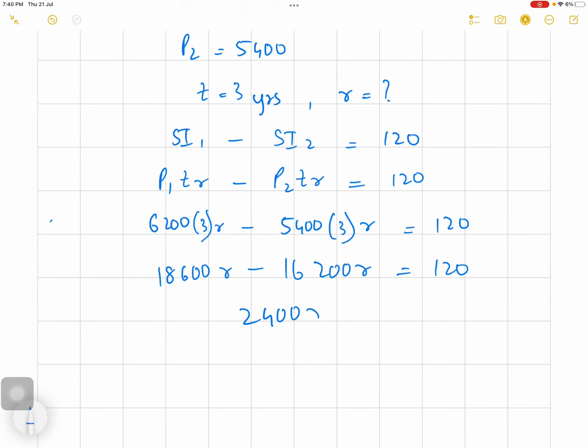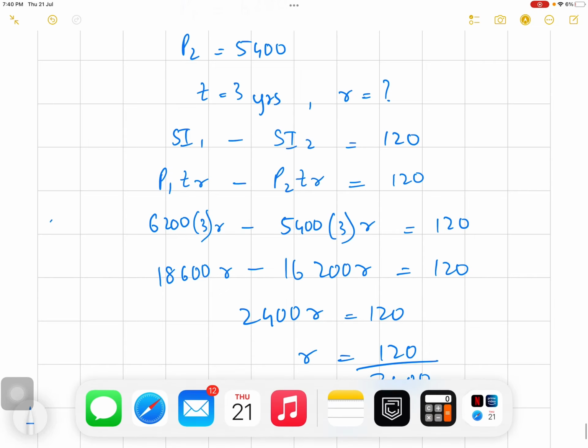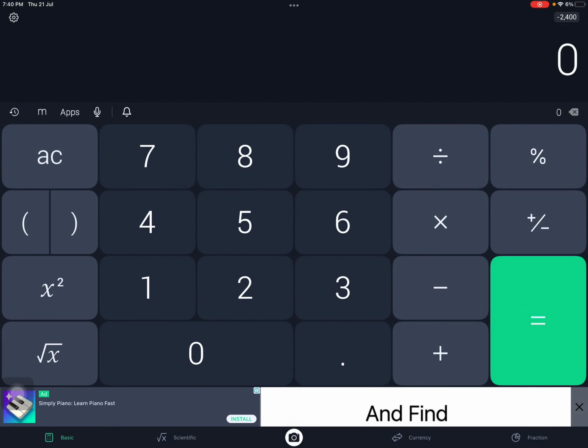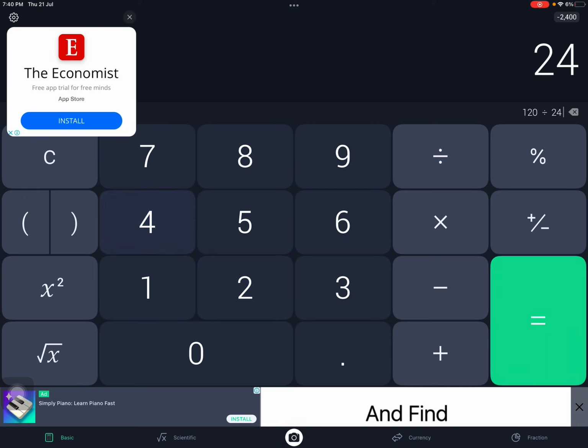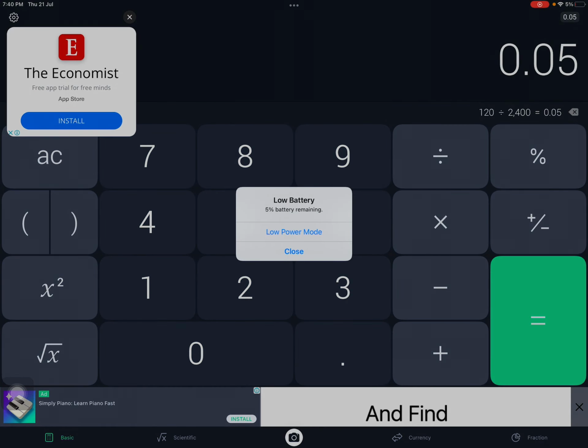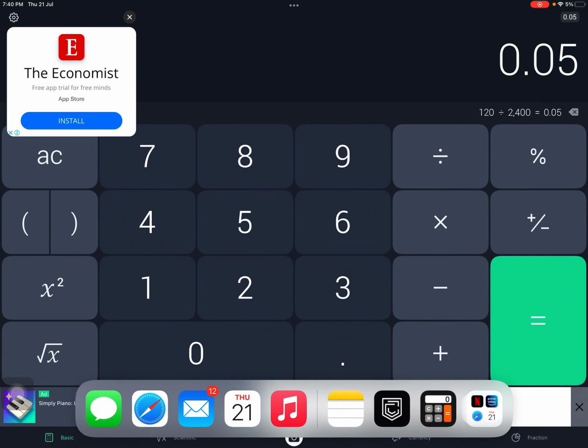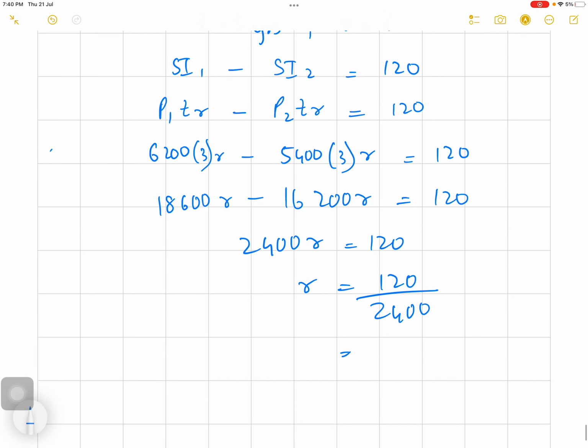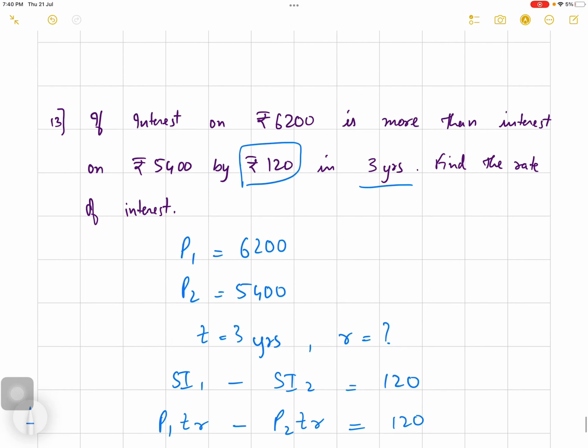So 2,400 R is equal to 120. So R is equal to 120 divided by 2,400, which comes to 0.05, which is 5%, and that is what is asked.